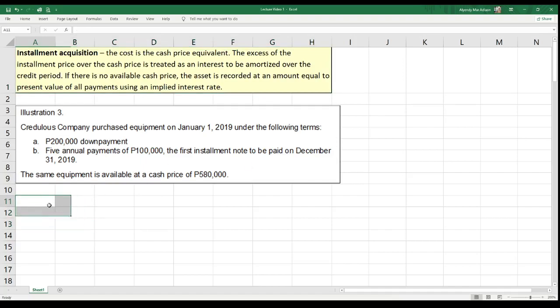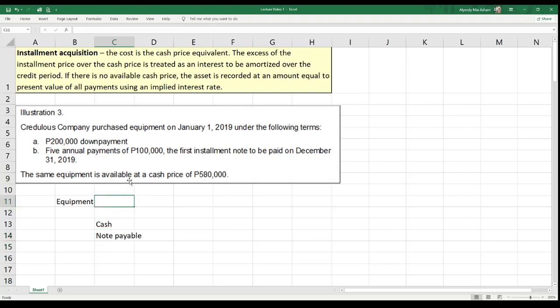So, how are we going to journalize that? That would now be a debit to equipment, okay, and a credit to, of course, since naa siyay cash payment, credit to cash, and credit to note payable. Okay, so again, pila ang atong i-measure sa equipment?